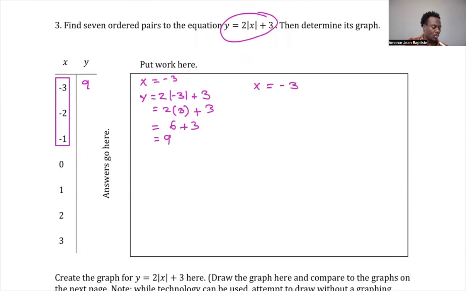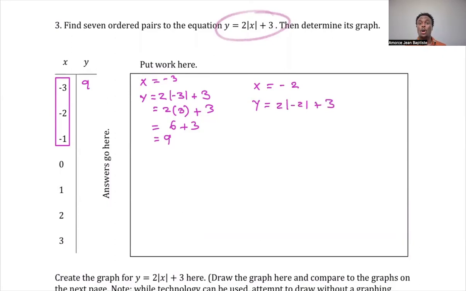We have negative 3 already, so let's find negative 2. X equals negative 2, then y equals, the formula for y is right here, 2 absolute value of x plus 3. In this case, x equals negative 2, so that's 2 absolute value of negative 2 plus 3.